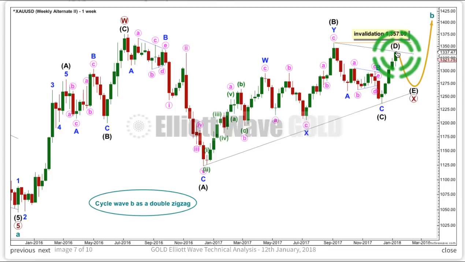But here's the problem. For an Elliott wave contracting triangle, D may not move beyond the end of B above 1357.09, but for an Elliott wave barrier triangle, D should end about the same level as B. What that means in practice is that D can end slightly above 1357.09.